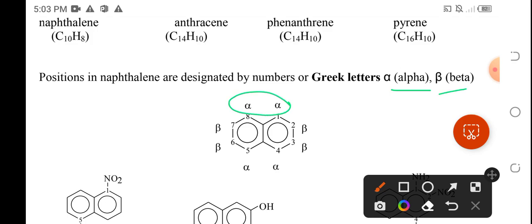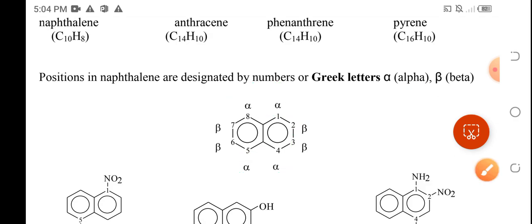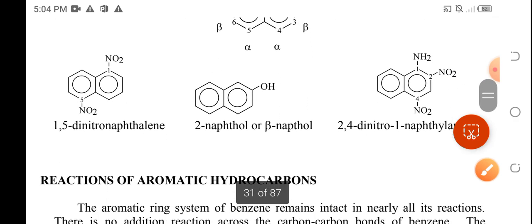Alpha yung nasa taas, 1 and 8, and 5 and 4. And beta yung nandito naman sa sides, 2 and 3, and 7 and 6. Okay? So, ulitin natin, there are 8 numbers for the naphthalene and 2 Greek letters for the naphthalene, if we're going to assign locants for the substituents.